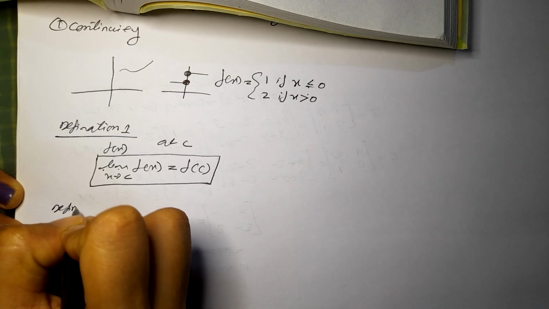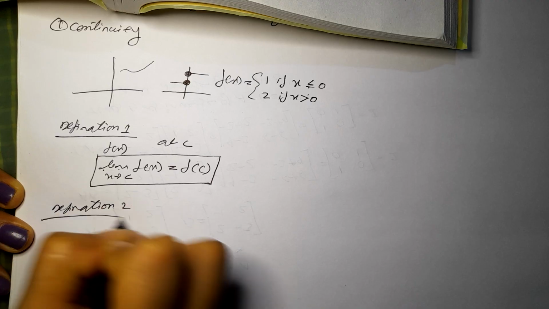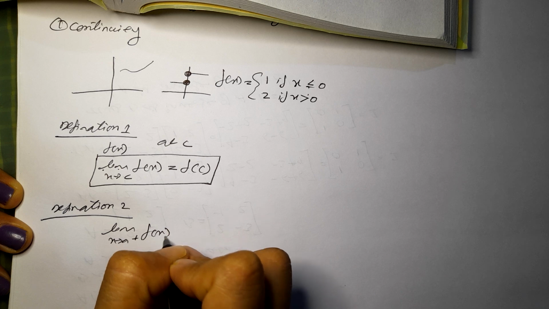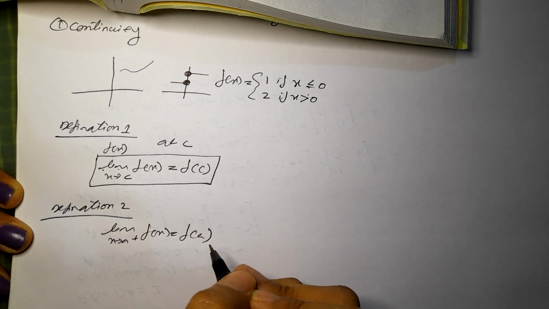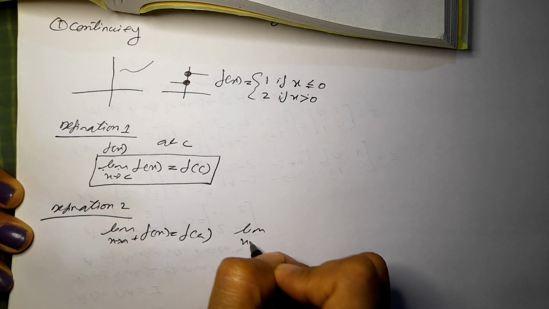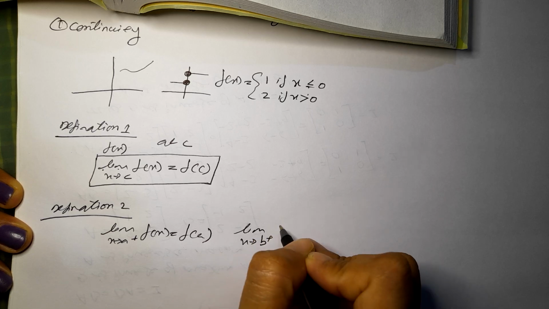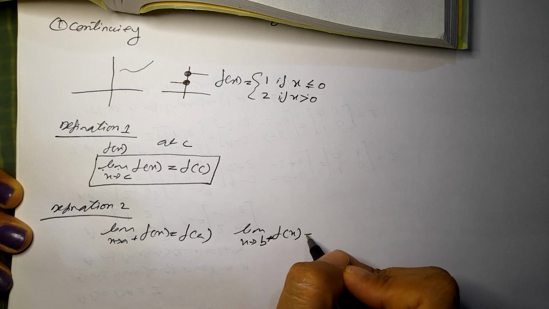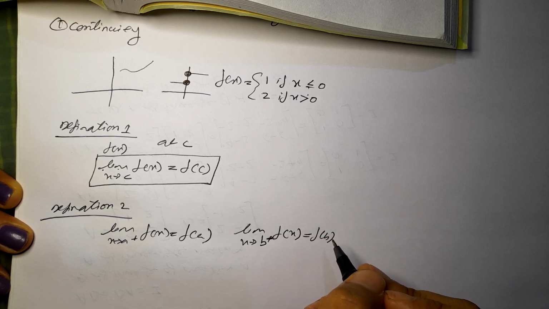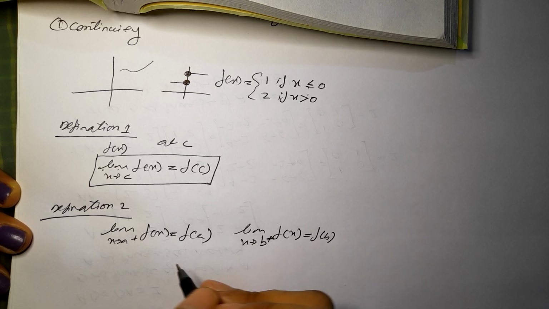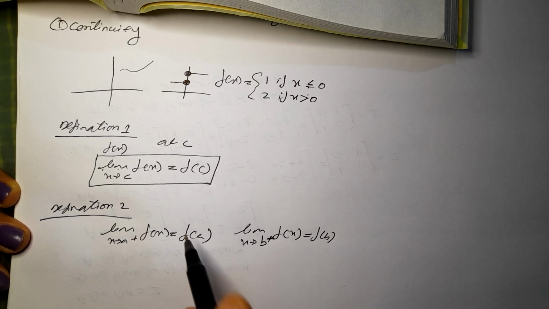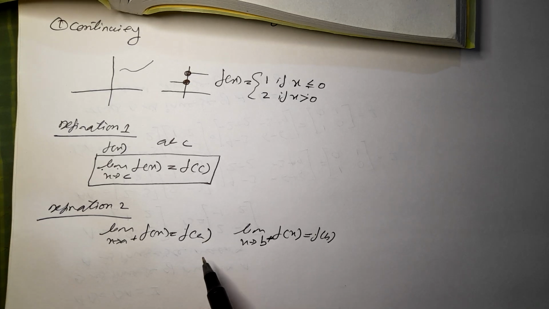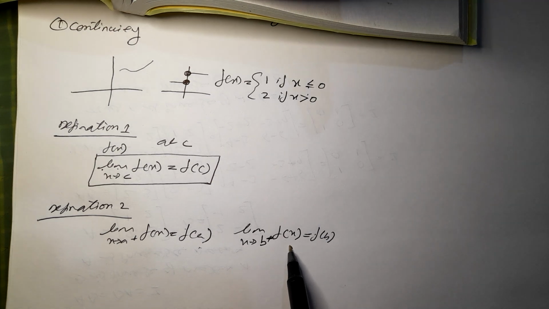So definition 2: the limit as x tends to a plus of f of x must equal f of a, and the limit as x tends to b minus of f of x must equal f of b. If these two exist and are equal, then it is continuous. If these two are unequal, then it is not continuous.